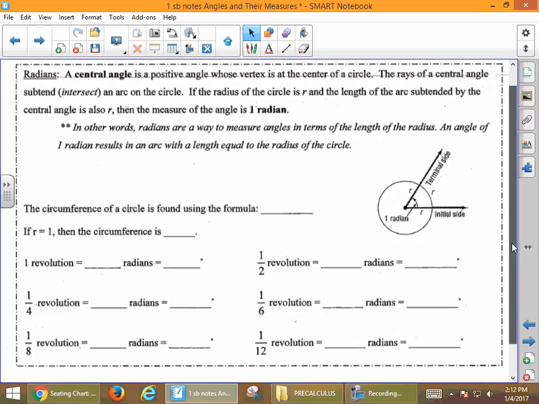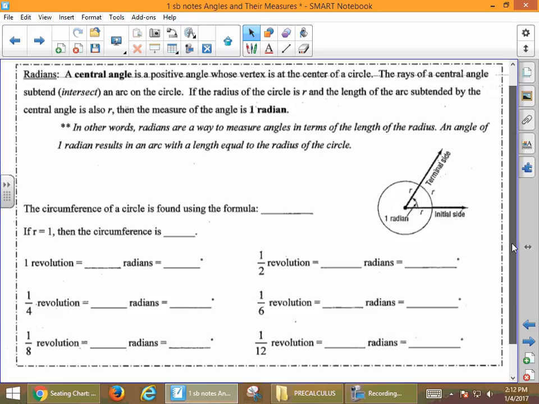So remember back to the definition on the front page where radians measure the length of the arc created by the terminal and the initial sides. So a central angle, which goes back to geometry, is a positive angle whose vertex is at the center of the circle, and the rays of the central angle intersect an arc on the circle.